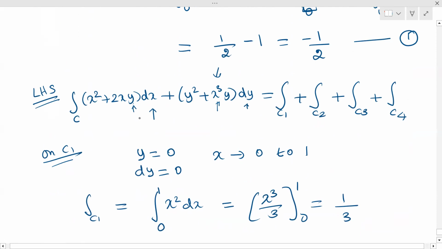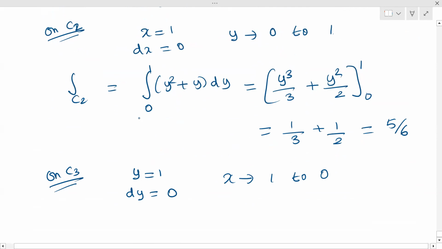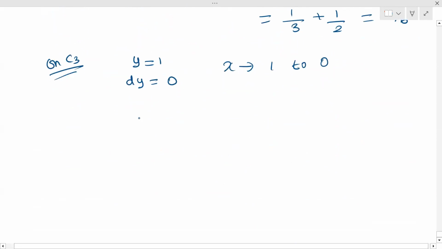And we have to put y equal to 1. So we will get x square plus 2x dx, and see here the limit is from 1 to 0.